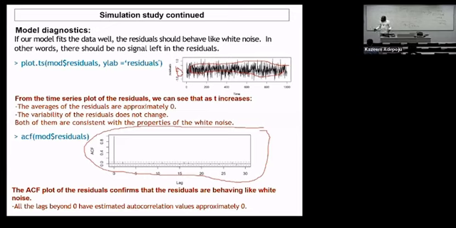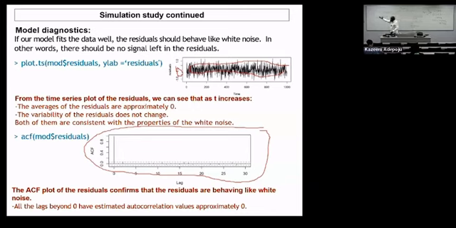Does that make sense? Every other autocorrelation at the other lags falls within 0. Can you see that? And that is one of the properties of white noise. You remember when I was walking you through, autocorrelation at lag 1, lag 2, lag 3, they're all going to be 0 for white noise.